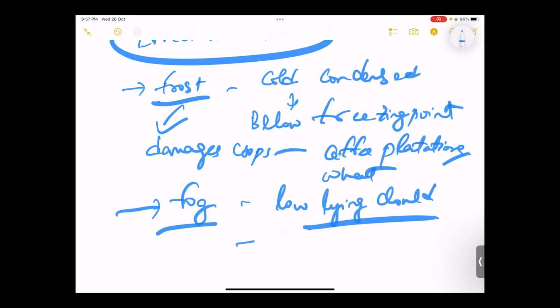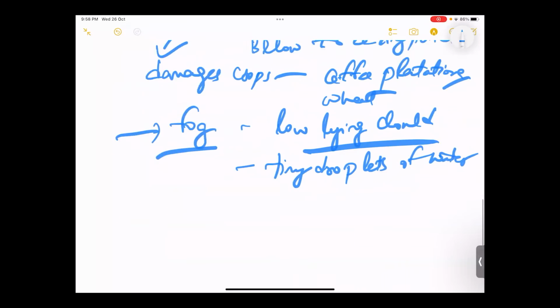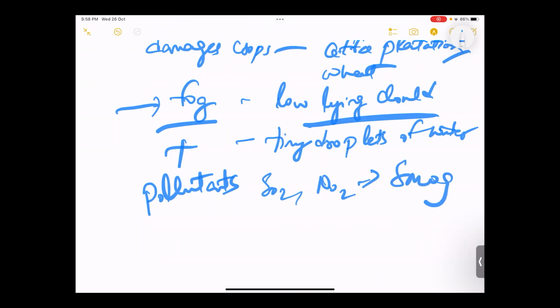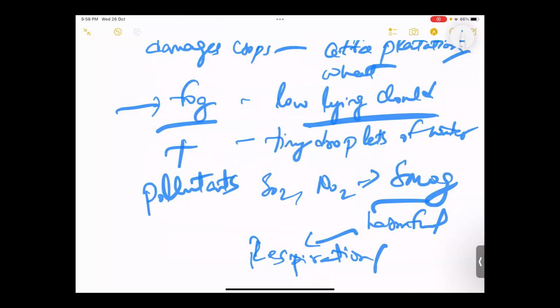Because it's a cloud, it has tiny drops or droplets of water. And when this fog mixes with pollutants like sulfur dioxide or nitrogen dioxide, it becomes smog, which is harmful for respiration and causes other health hazards.